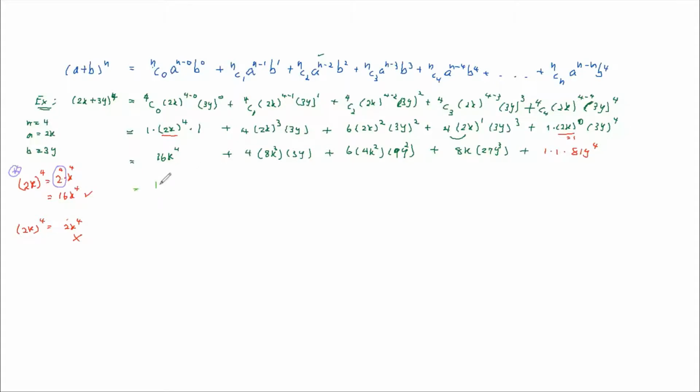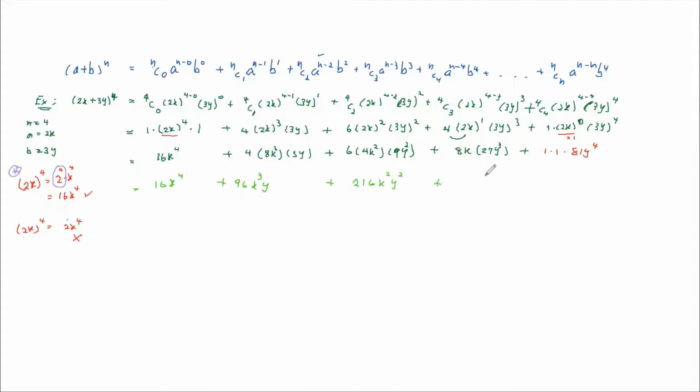This one is going to be 16x power 4. Then you times 4 times 8 times 3 becomes what? 12. 12 times 8 is what? 96, right? So we have this one plus 96x cubed y, plus this one you times 6 times 4 times 9, becomes 216 x squared y squared.